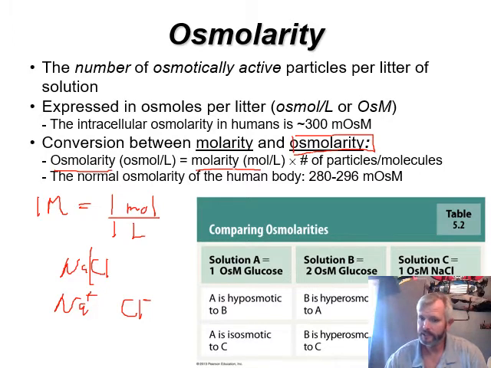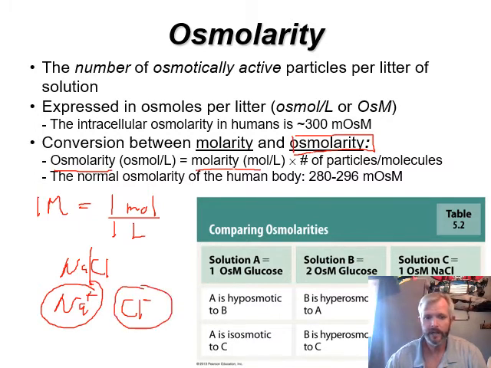When I put NaCl in that water, it becomes a sodium ion and a chloride ion. So in ionic compounds that divide, I now have 2 particles per molecule. Therefore, I have to multiply my molarity by 2, and a 1 molar NaCl solution will have 2 osmoles.